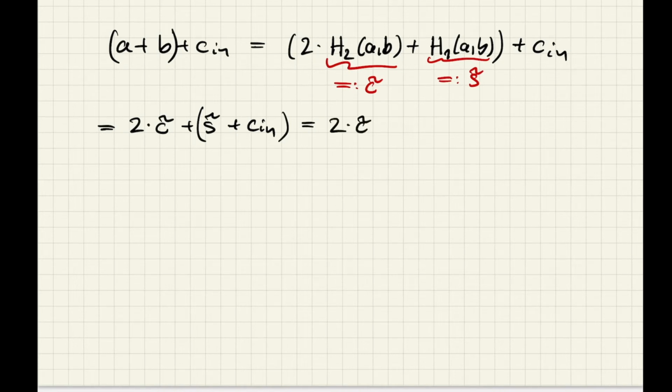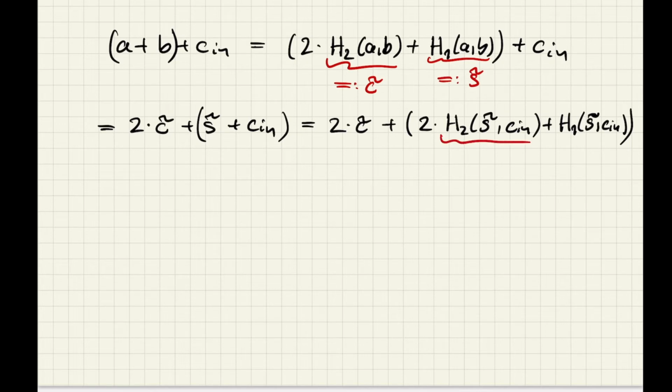And I first have this 2 times c tilde from before plus, and then here again 2 times the carry bit computed by this half adder, which gets s tilde and c in as input, plus the sum computed by this half adder. Then again I can give this names.